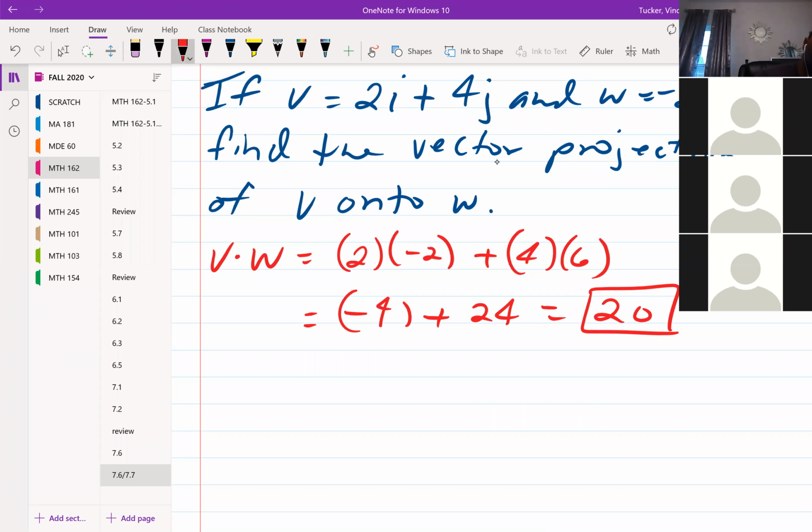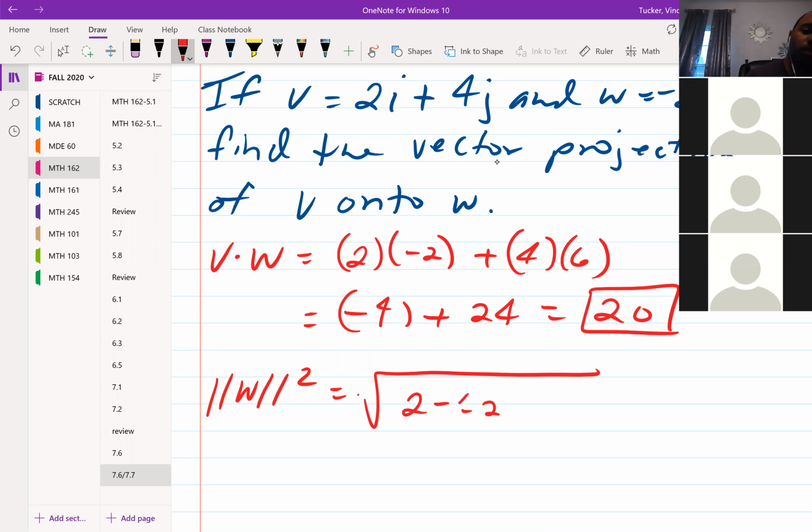All right. Next, we're looking at the magnitude of W squared. W squared, we can take the short route.